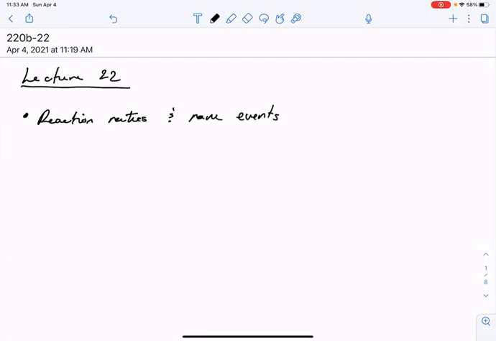So we have, beginning a couple lectures ago, identified a microscopic way of computing a macroscopic reaction rate.